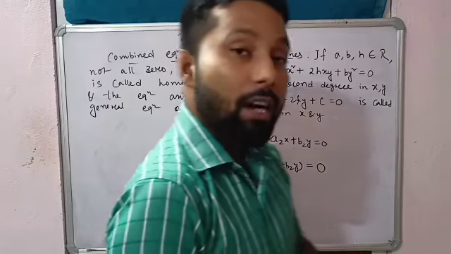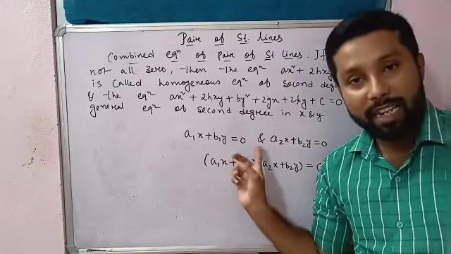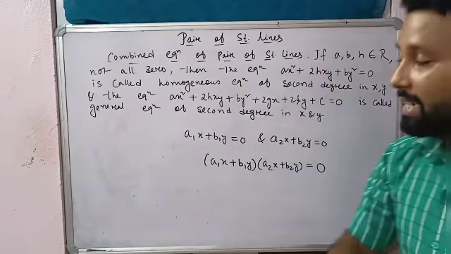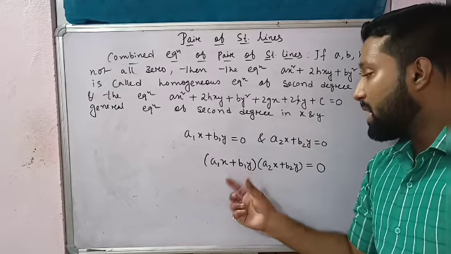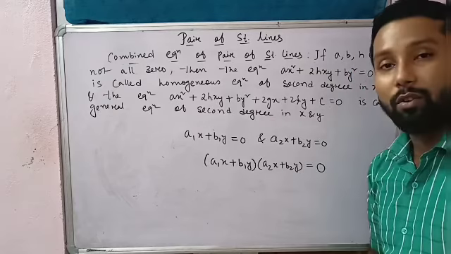Okay, the combined equation of these two straight lines which pass through the origin is, multiply these two equations, that's it.